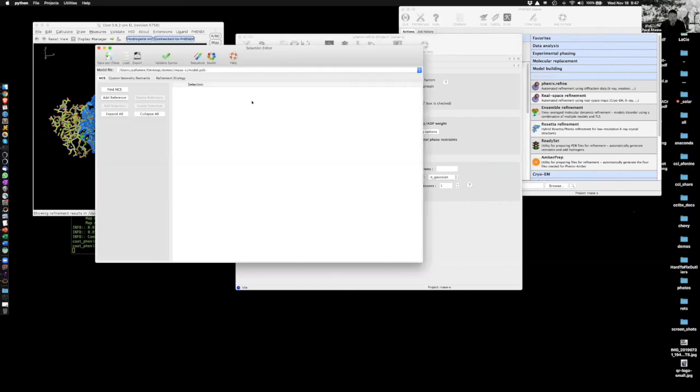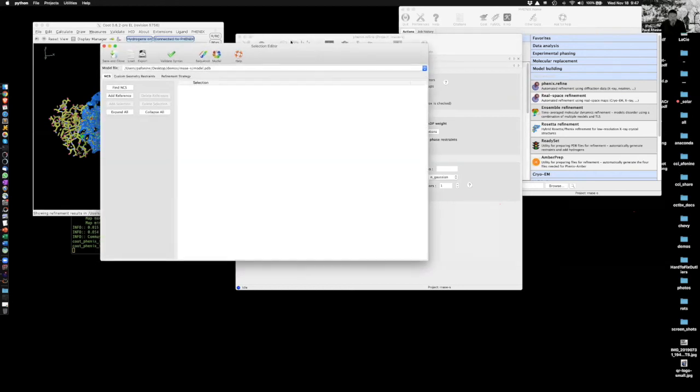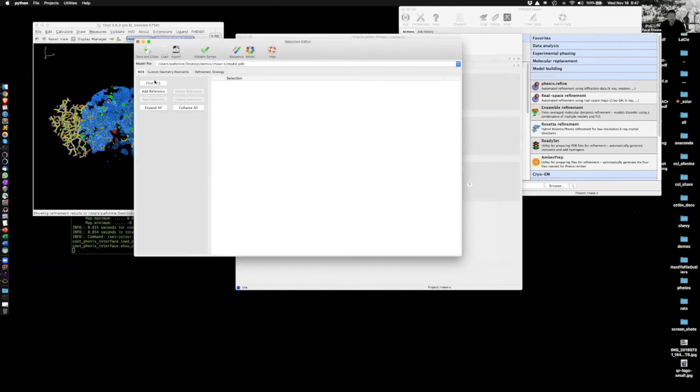That should pop up the selection editor. The first thing you see is find NCS. When you run refinement, it will find NCS automatically, but this window allows you to select NCS manually and verify it. And this is what I always recommend you do.